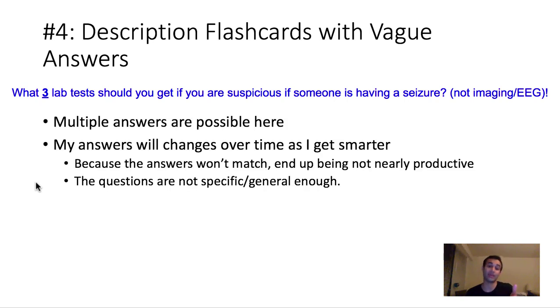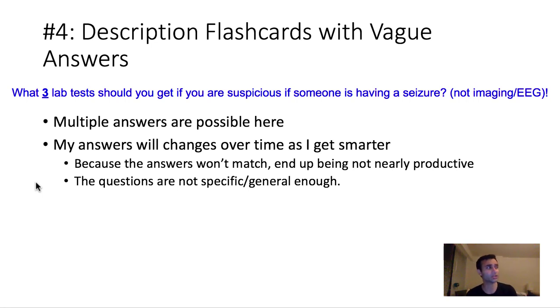Because there are so many answers possible, and I will actually get smarter over time. For example, when I created this flashcard, I was in neurology, and the answer at the time from my mentor was, oh yeah, I usually get a CBC, a CMP, and a magnesium. But as I went through emergency medicine, I was like, oh, you know what? I might actually even want to get a lactate.